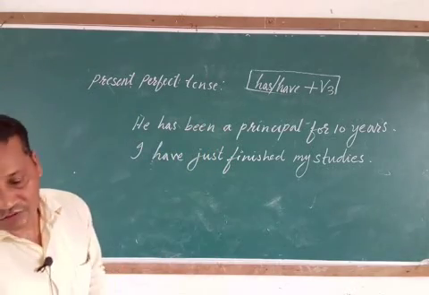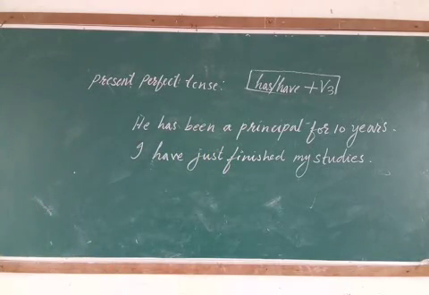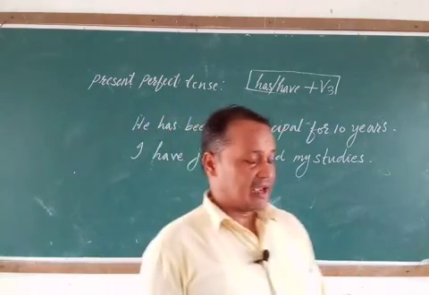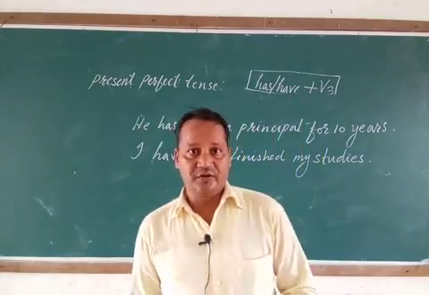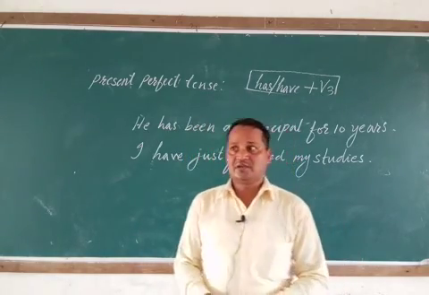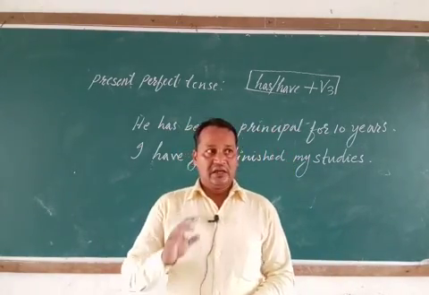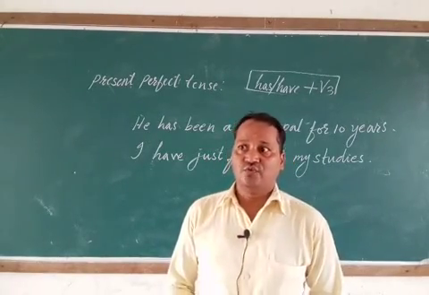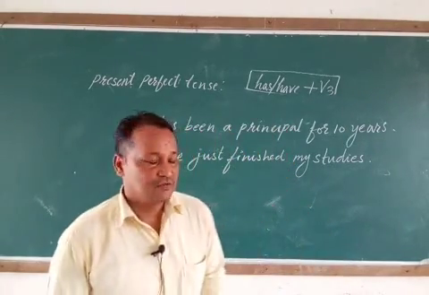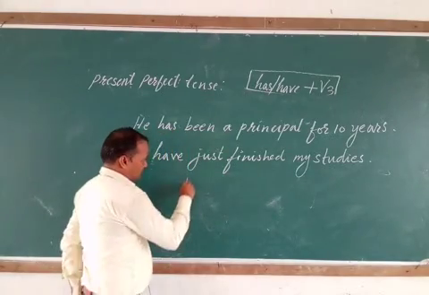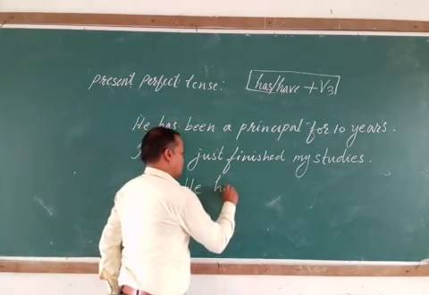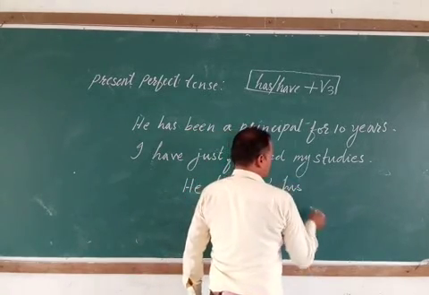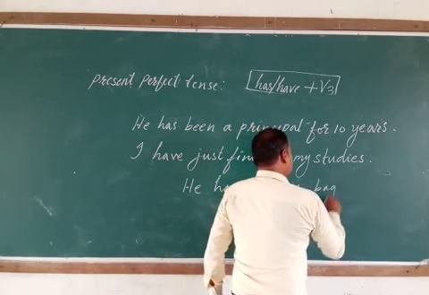Now the fourth is to describe an action when time was not important. Sometimes we express sentences where time is not important for us. That time also we use present perfect tense. So we can say he has lost his bag.